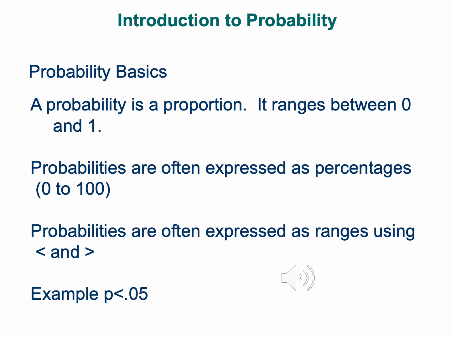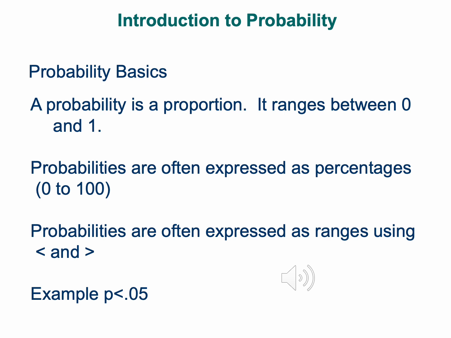They're often expressed as percentages, and so you often hear probabilities being 50% or 100% or 80% or 95% or 5%.